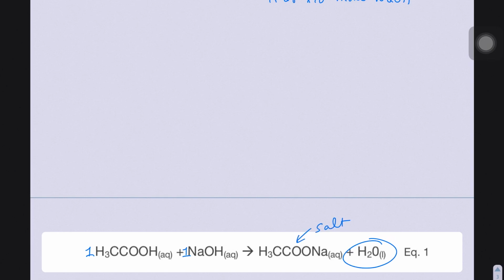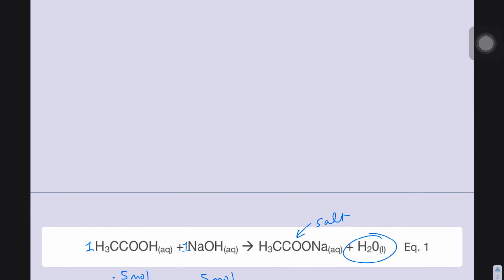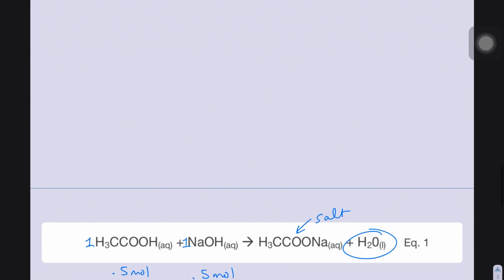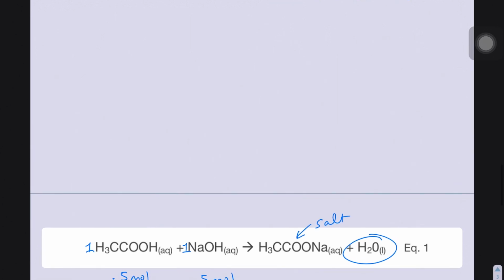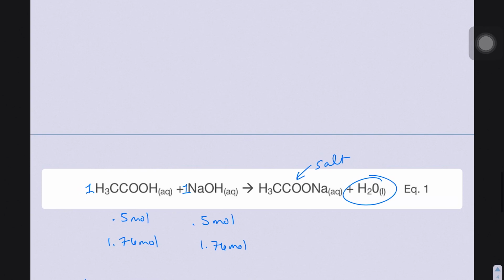So that means if we started off with only half a mole of acetic acid, we need half a mole of sodium hydroxide to neutralize it. If we started off with 1.76 moles of acetic acid, we need 1.76 moles of sodium hydroxide to neutralize it. So in my case here, I have 1.68 times 10 to the minus 3 moles NaOH.